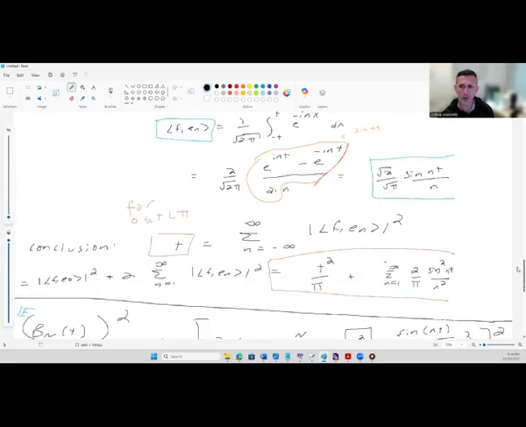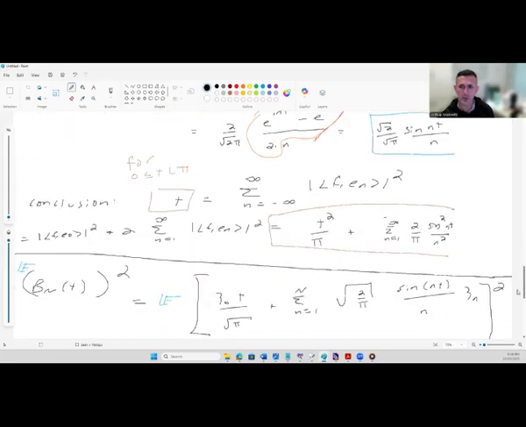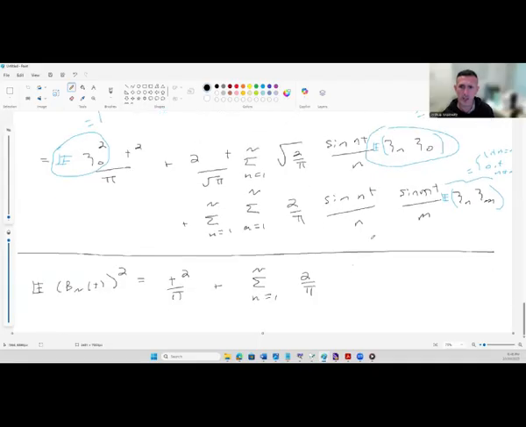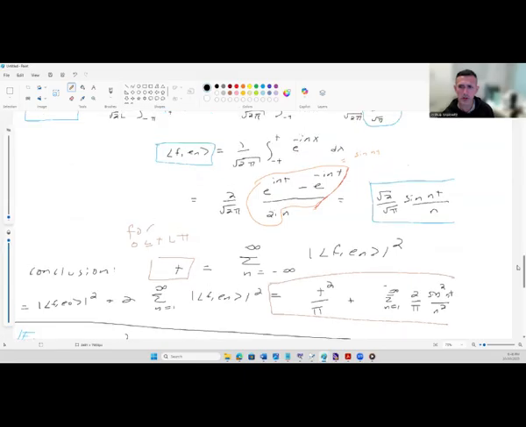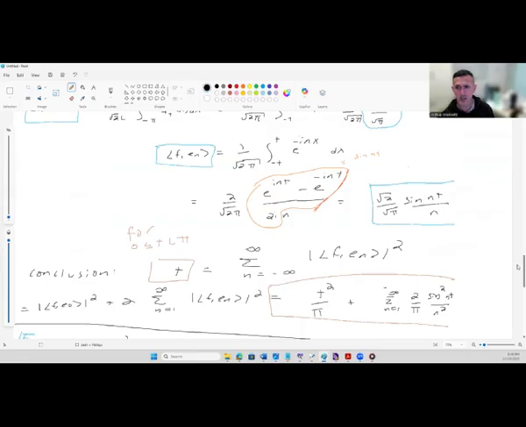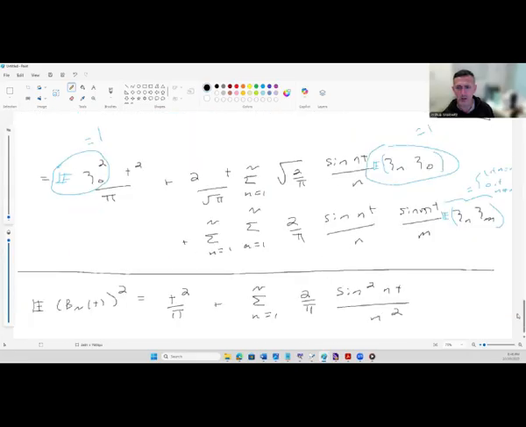No, I didn't forget to square the n. Thought I did, because I usually forget to do stupid things like that. But yeah, it's sine squared n t over n squared pi. So that's exactly what we have here.